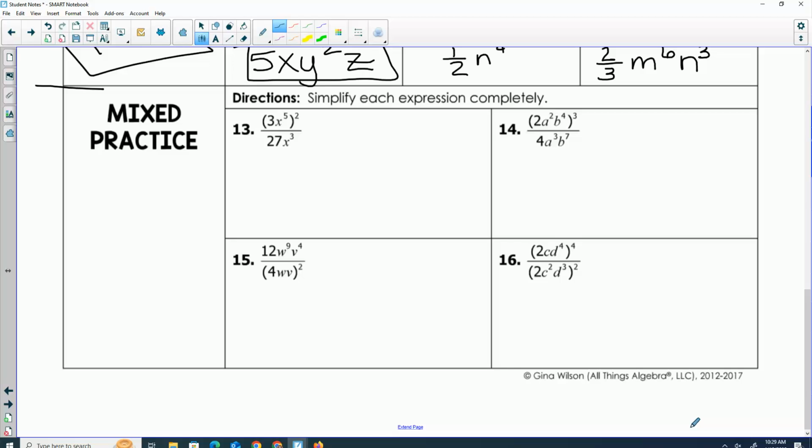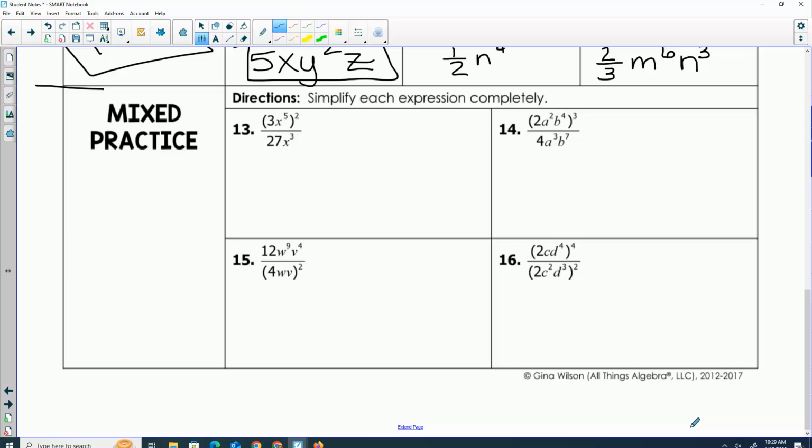All right, when we have multiple things in our fractions, we are going to simplify first. So before I can divide, I have to work the numerator.